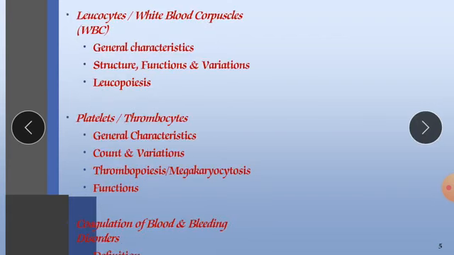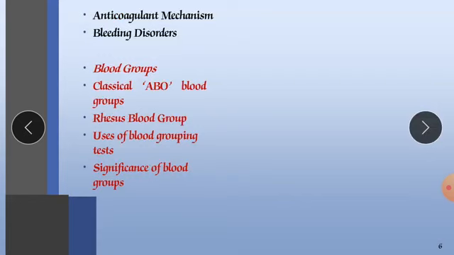leukocytes, WBC, general characteristics, structures, functions and variations, leukopoiesis, platelets, thrombocytes, general characteristics, counts and variations, thrombopoiesis, megakaryocytes, functions, coagulations of blood and bleeding disorders, anticoagulant mechanism, bleeding disorders, blood groups, classical ABO blood groups, rhesus blood group, uses of blood grouping tests, significance of blood groups.